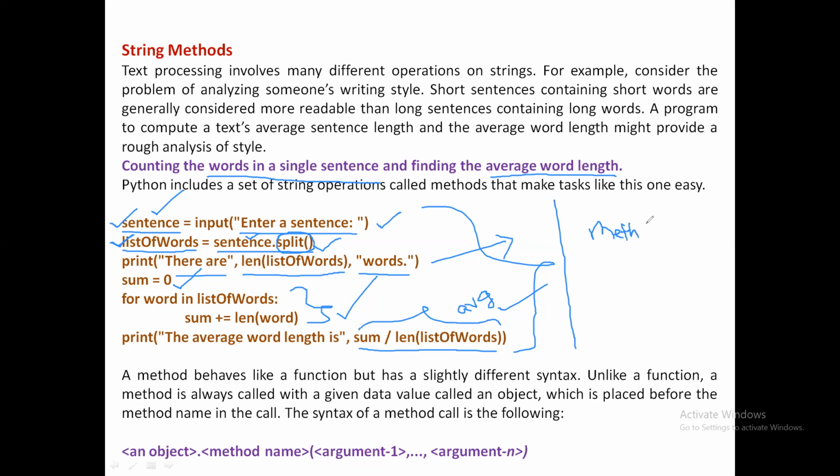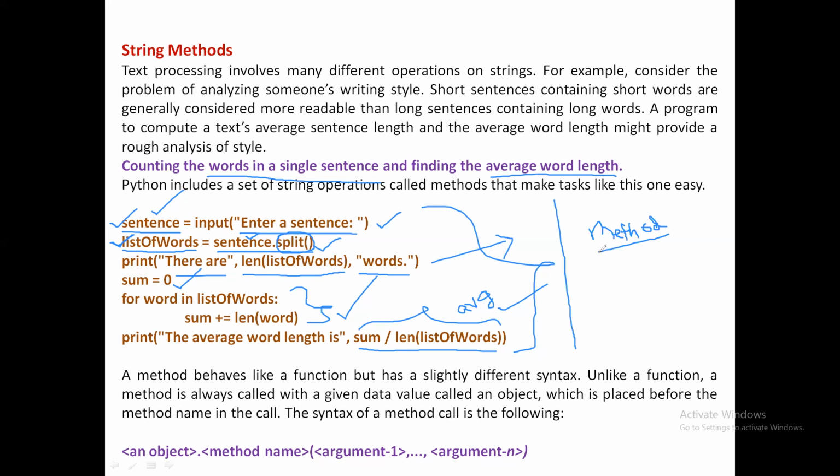Okay, so we have already seen some functions which take some arguments and process the arguments, producing some results. A function is always called directly without using any object name. We pass the arguments for processing, and the function takes those arguments, processes them, and produces the output.